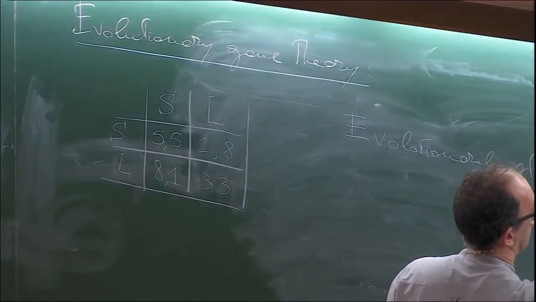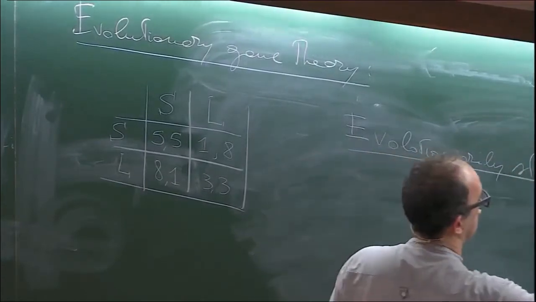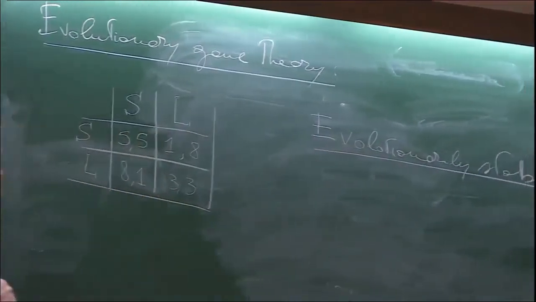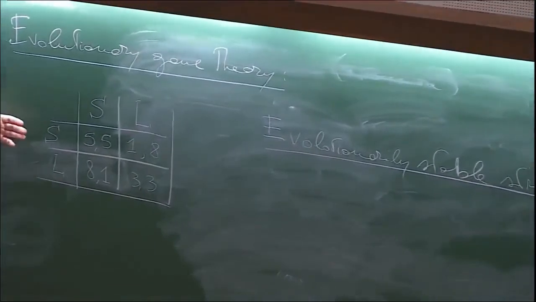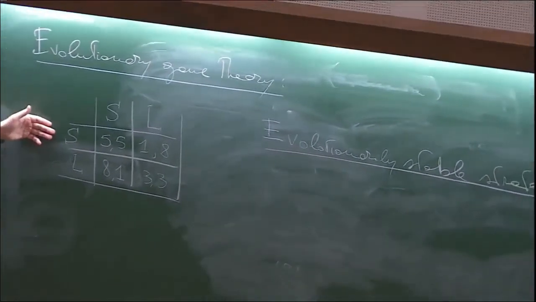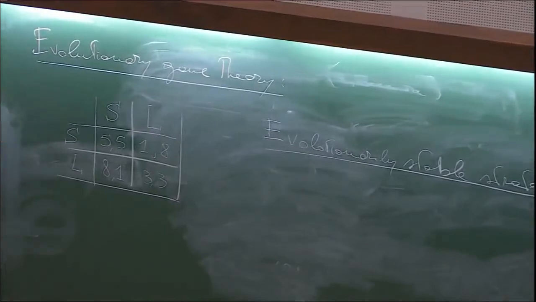An evolutionarily stable strategy is a phenotype or a strategy that cannot be invaded by any other variants or any other strategies, okay?